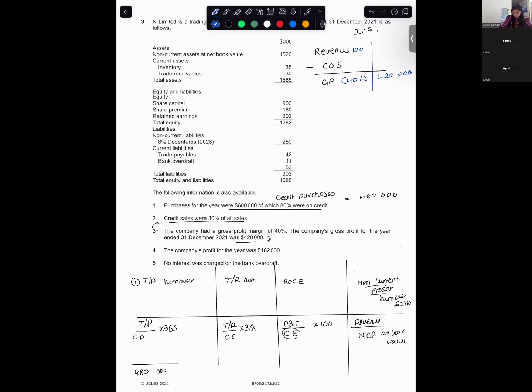If gross profit is 40%, do we have the cost of sales with us? No, we don't. You want revenue, right? Gross profit is margin or markup?